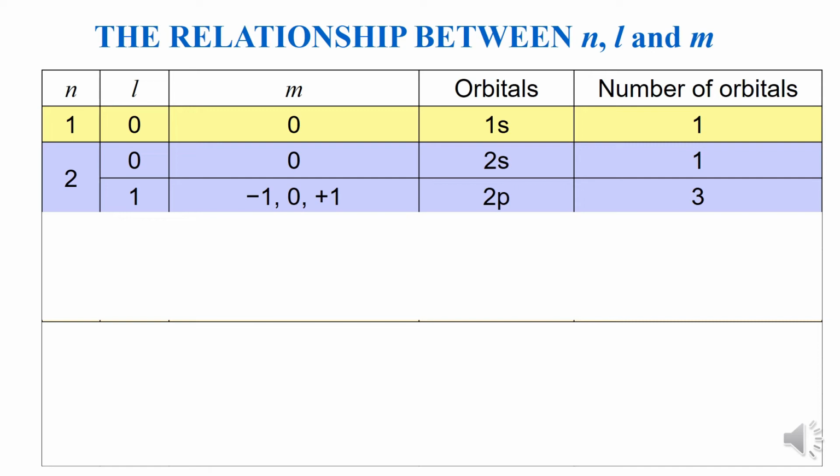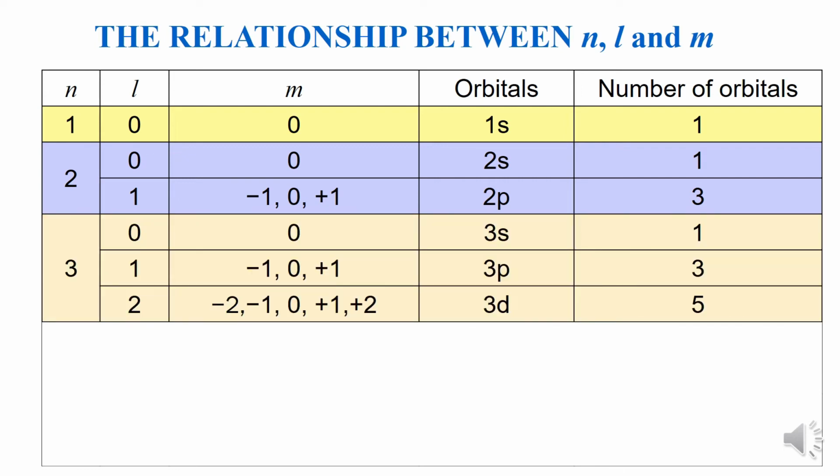If n equals 2, then L can be 0 or 1, giving rise to 2 subshells, 2s and 2p, of slightly different energy. So the number of orbitals is 1 for 2s, 3 for 2p, and the total number of orbitals equals 4.